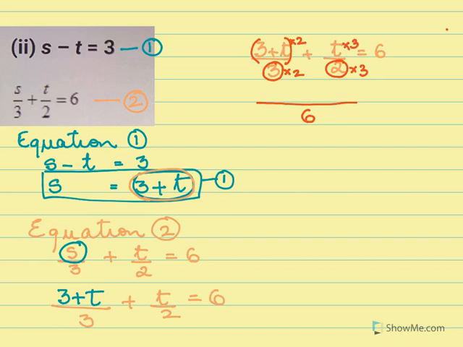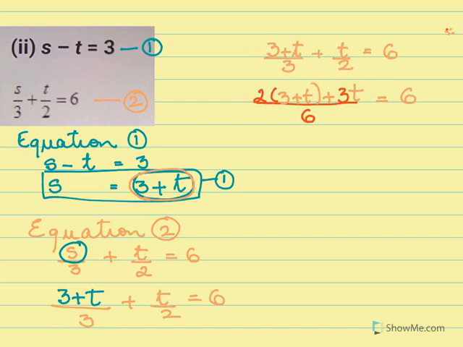So let me do that now. So we have 2 into 3 plus t, plus 3 into t equal to 6 into 6. Let's continue. Open the bracket now. 2 into 3 will get 6. 2 into t will get 2t. 3t over 6 equal to 6.